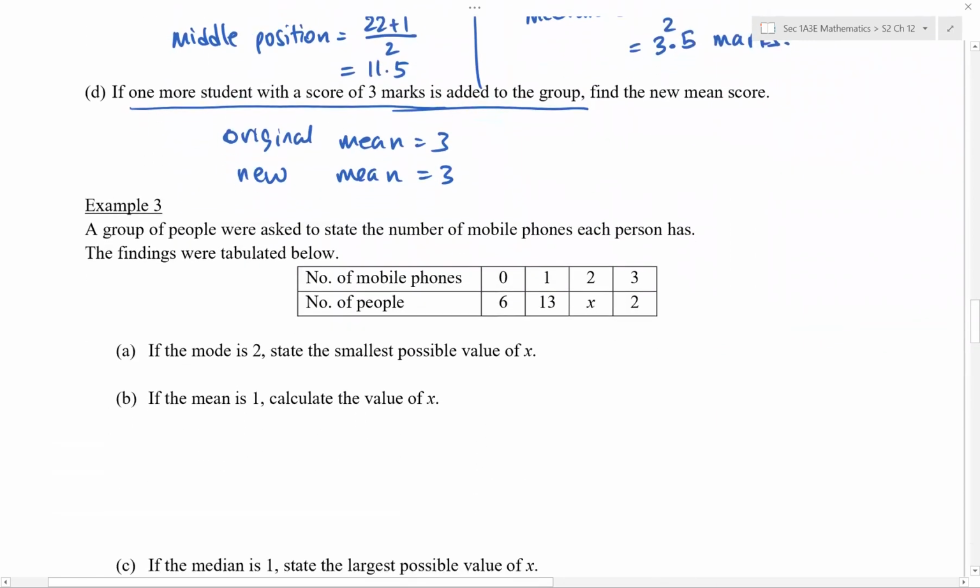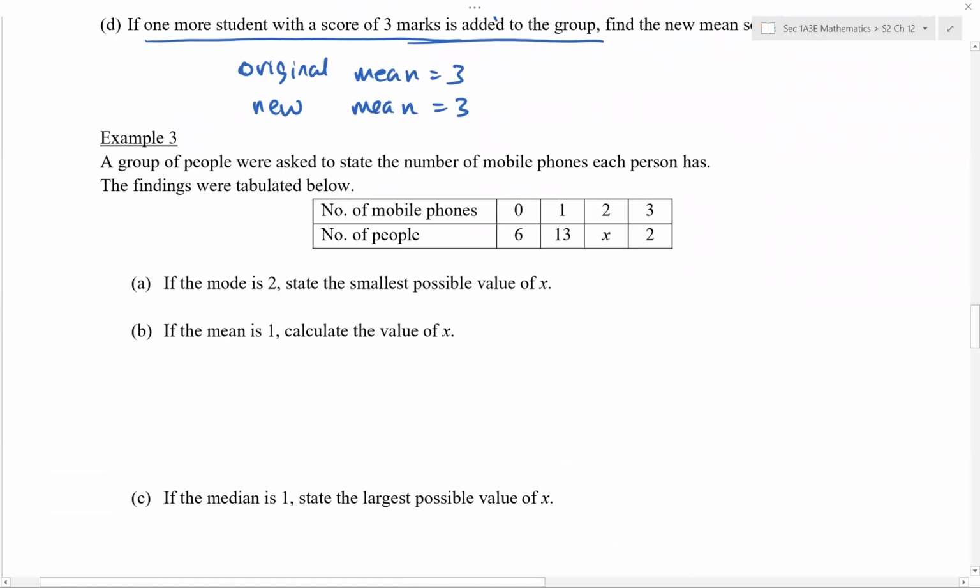So the next example, we are looking at a survey for the number of mobile phones owned by people. So again, this type of question has an unknown number of people holding 2 mobile phones. So now they tell us that the mode is 2. Mode being the most frequent.